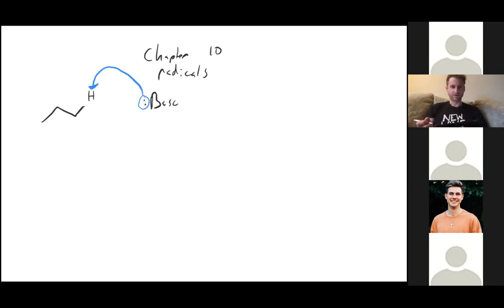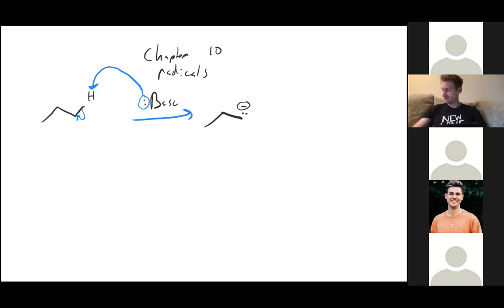So this here would pick up a proton. We'd kick out 2 electrons to this carbon position. Not H, what am I doing? Negative here. And make this negatively charged carbanion here.